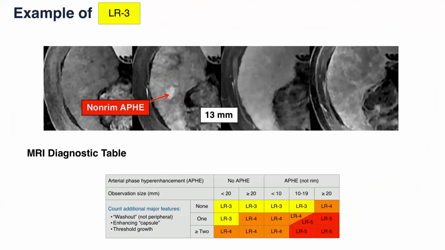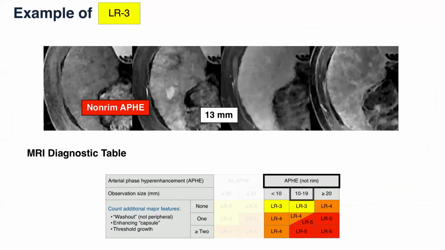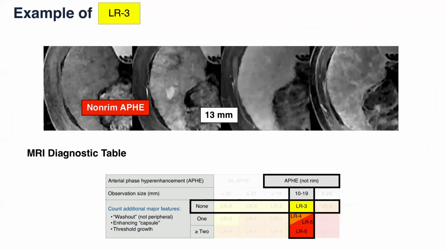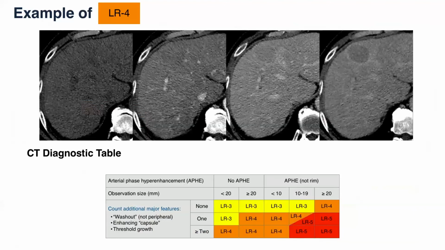It has non-rim APHE. It has no washout and no capsule. So here we go with APHE, and this observation measures 10 to 19 millimeters. It has none of these additional major features. So this gets LI-RADS 3, intermediate probability for HCC.